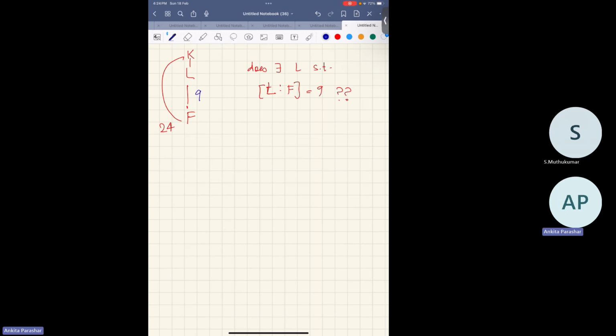Suppose this is 9. Is this allowed? Not allowed, 9 does not divide 24. So by the tower of fields, L over F should divide 24, which is not the case. Therefore, the answer is 0.